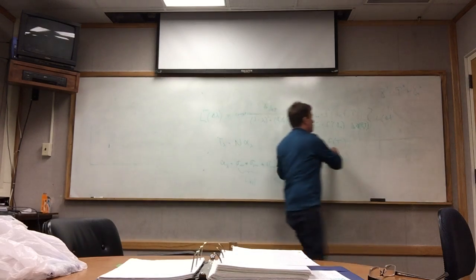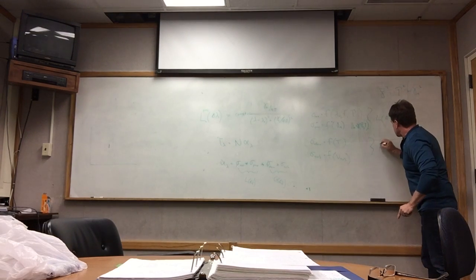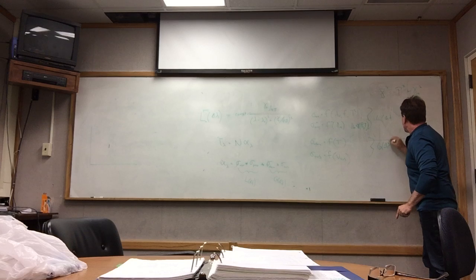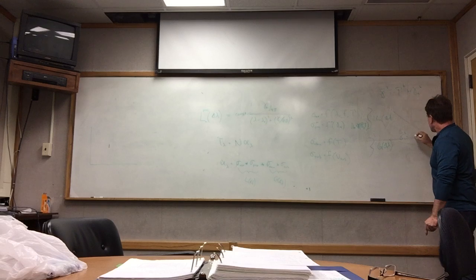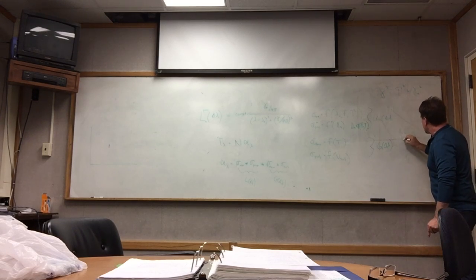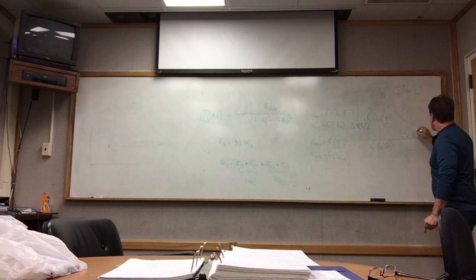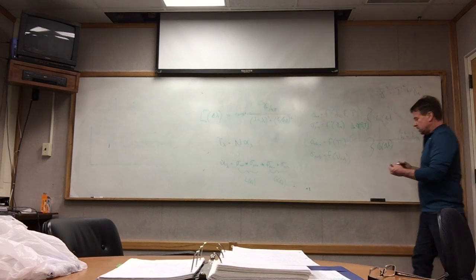Mm-hmm. And the same thing happens here. You have this Gaussian, and sigma squared is equal to B thermal squared plus B turbulent squared, okay?